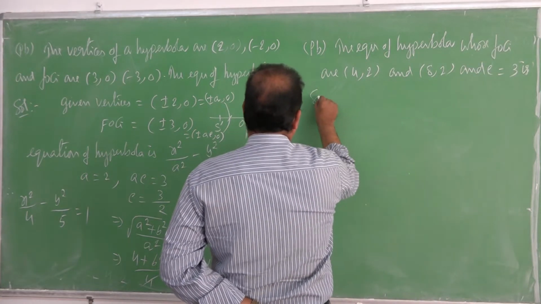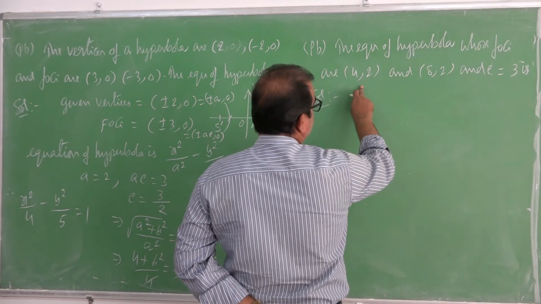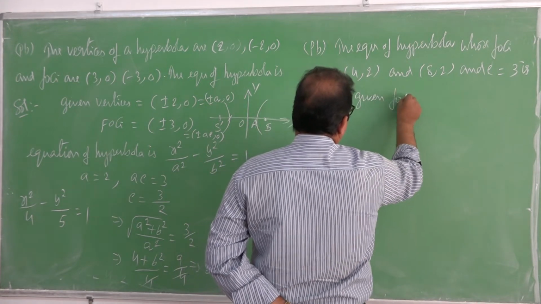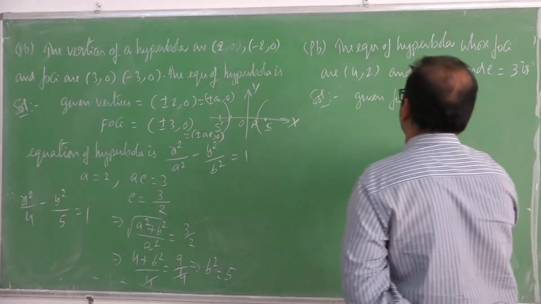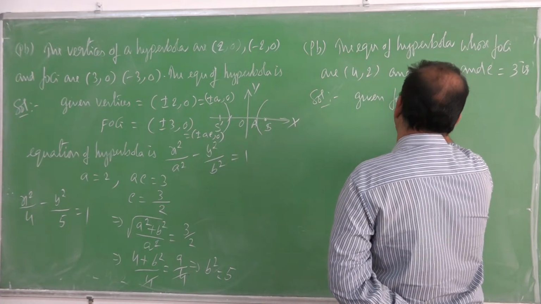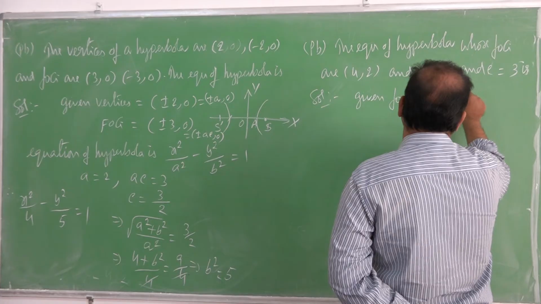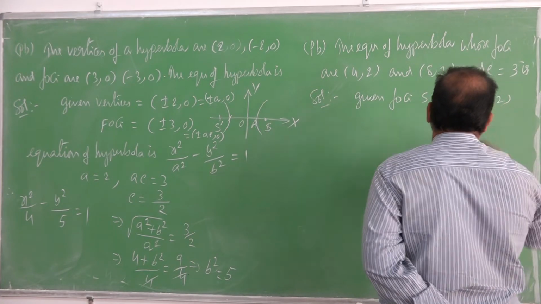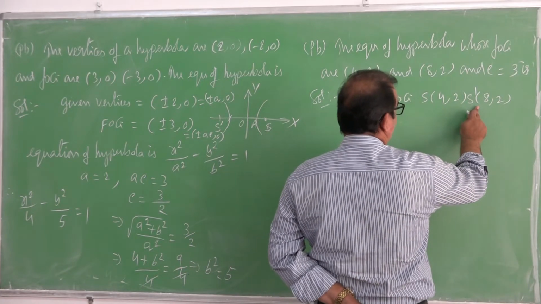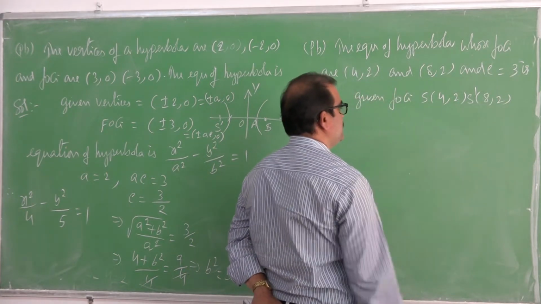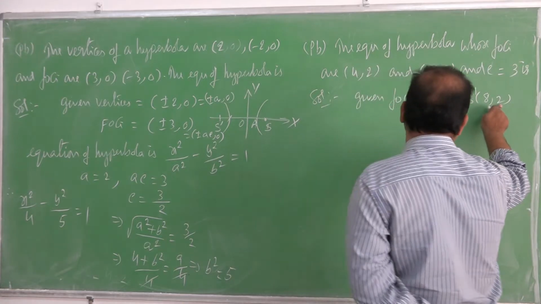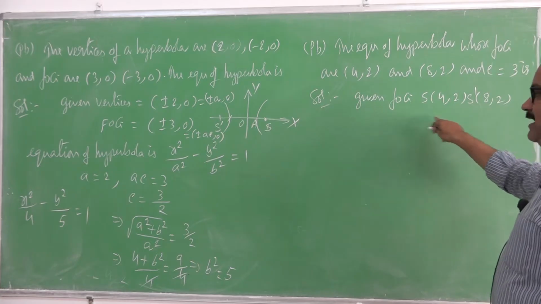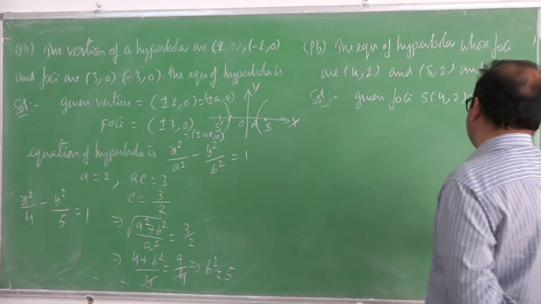You observe that what are given foci? 2 points are given. (4, 2), let it be S (4, 2). Second foci S dash (8, 2). You observe that in both foci x coordinate is same. If x coordinate is same, then the line passing through S and S dash is parallel to x axis.